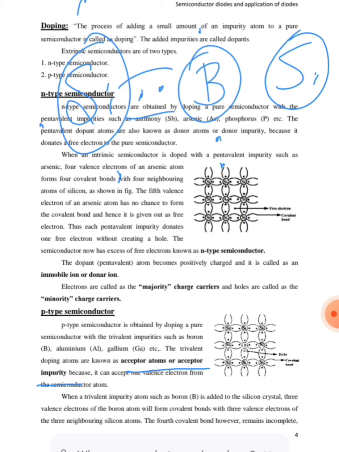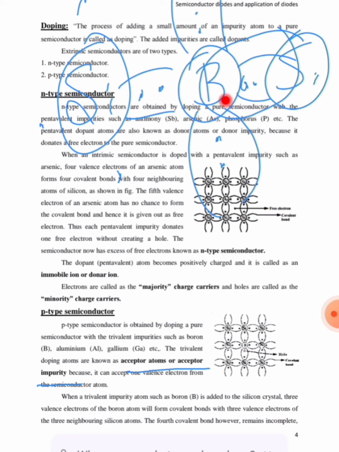All of these covalent bonds will not be completely filled. There is an empty space in the boron because it has only 3 valence electrons, and this fourth covalent bond is incomplete because there is no fourth valence electron in the boron. So there is a creation of a hole, that is, an empty space is created.